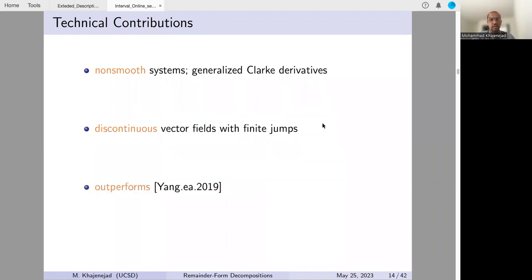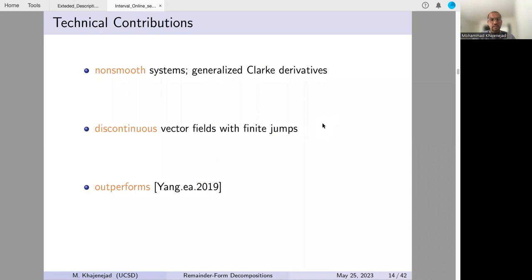And finally, we showed that the design from the group of Professor Necmiye Ozay is a specific one of these decomposition functions in this family that we introduced, but it's not necessarily the best of them. So as a conclusion, the remainder form decomposition functions outperform the one computed by that group.